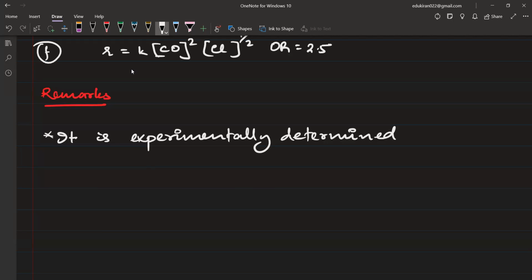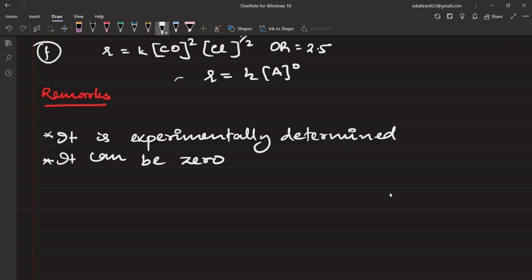Next, it can be 0 also. For some of the cases you'll get K into the concentration of A to the power 0, so it is a zero order reaction. It can be 0, positive, and fractional.